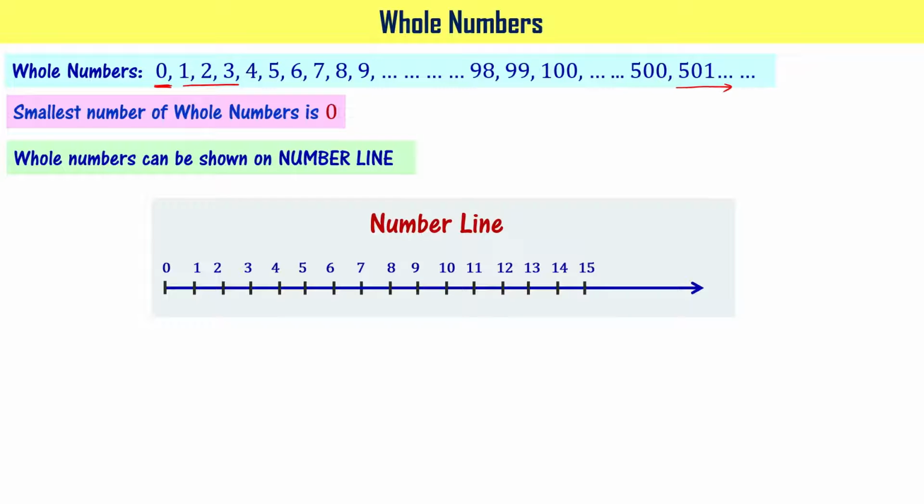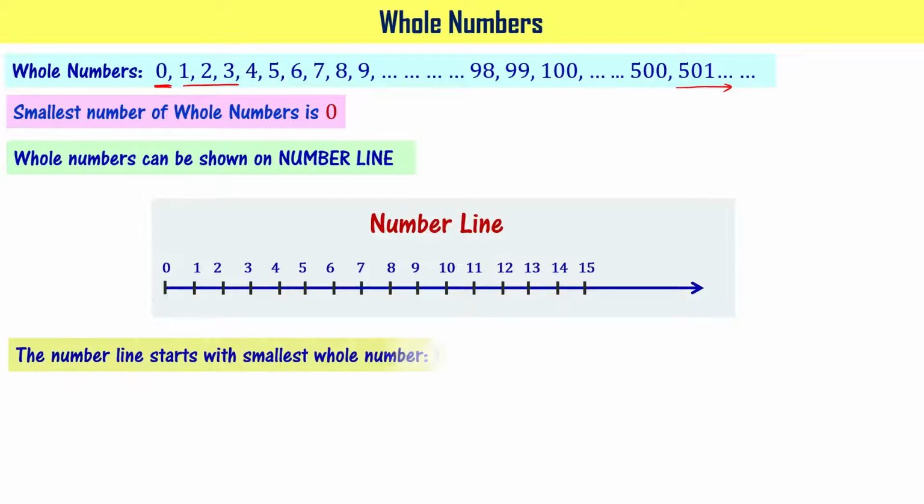As you see here, whole numbers can also be shown on number line, right? In this particular case, the number line starts with 0, which is the smallest of whole numbers, right? So number line starts with 0 and there is no end to this line onto the right.